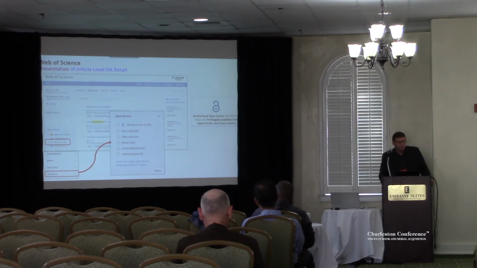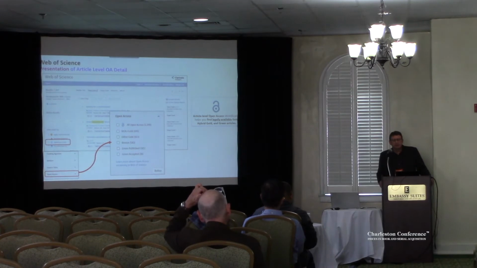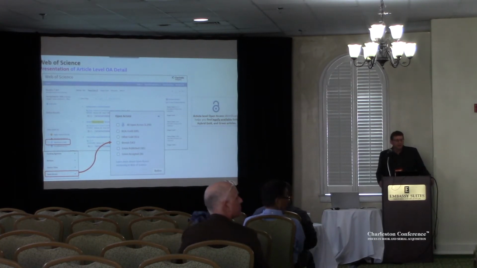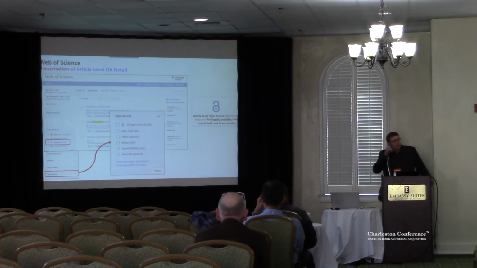For any search, and I'll go live into Web of Science as well and just show you some things. The objective really, at least what I want to get across, is how you can do things in Web of Science to put together different sets of data that reveal different things about open access content. And so I wanted to do that live, and I'll get into different options that you have.